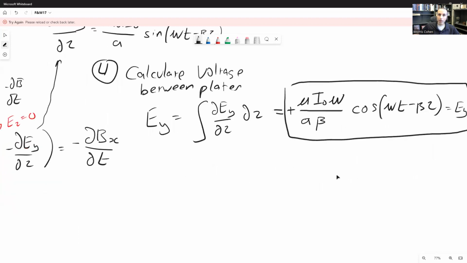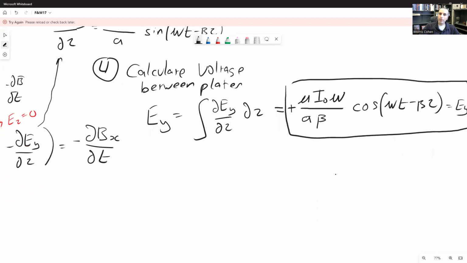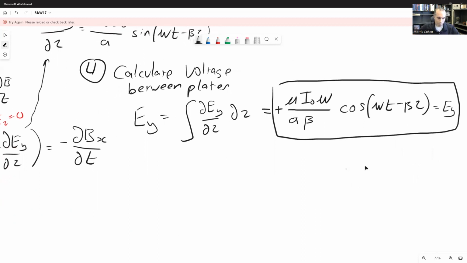Right now, we're almost there. Step 4 will be completed if we can figure out what the voltage change between the plates is. And that is relatively straightforward, because the voltage is going to be the integral from the bottom plate to the top plate of the electric field dotted with ds.